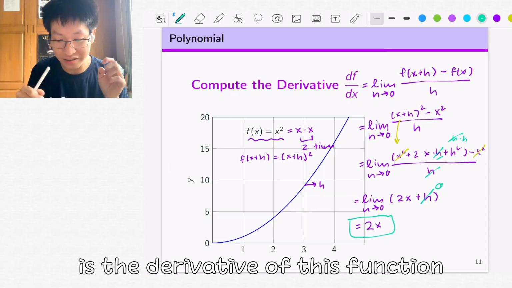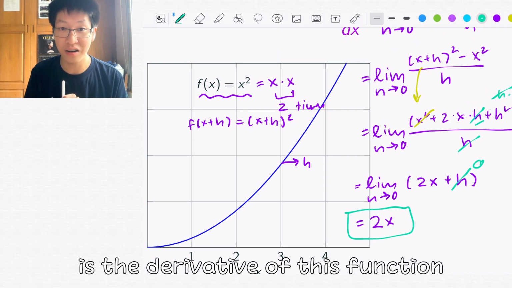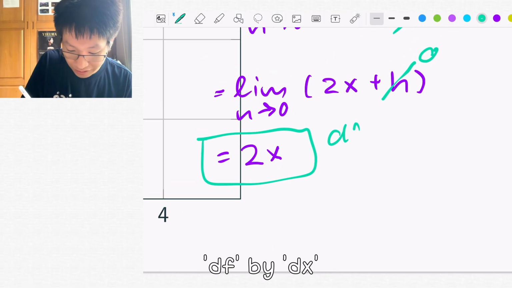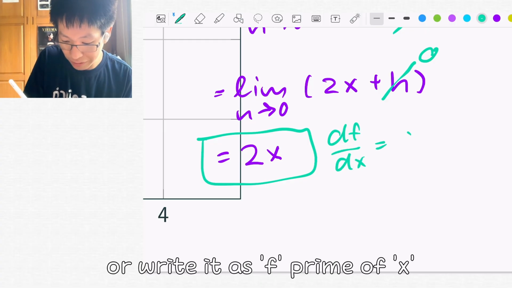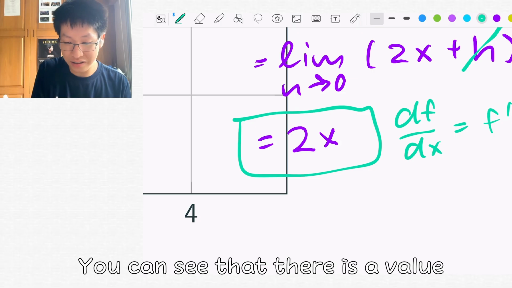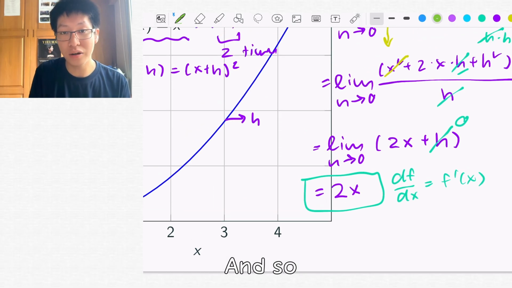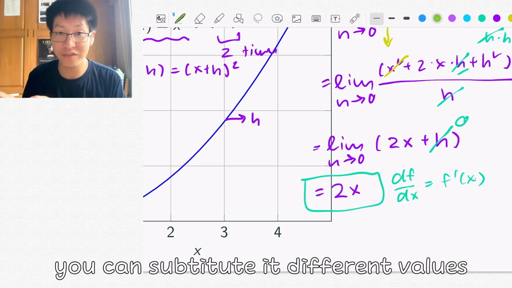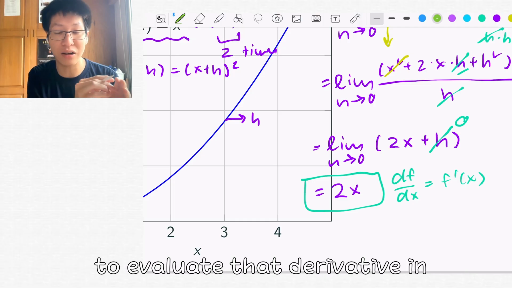And that, my friends, is the derivative of this function right here. You can write it as df by dx, or write it as f prime of x. Those are two valid ways of writing this. You can see there's a value of x here, so you can substitute in different values of x for different positions where you want to evaluate that derivative.